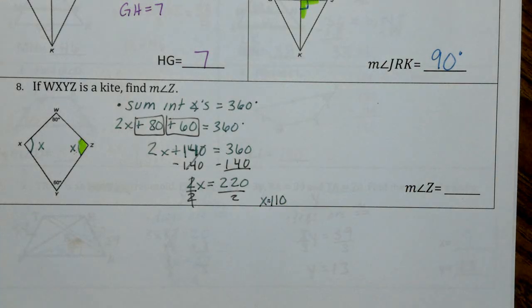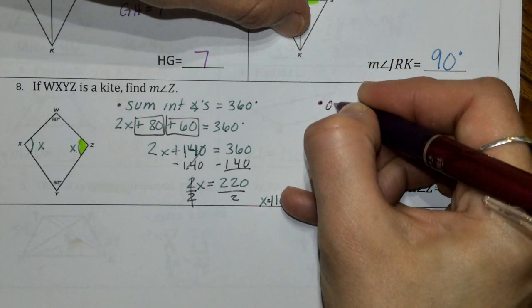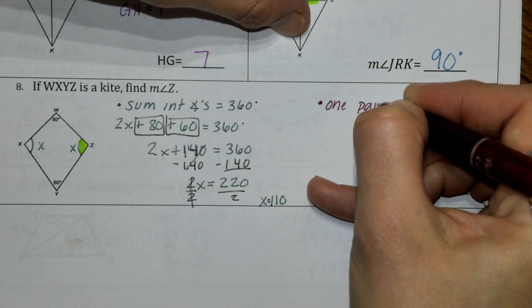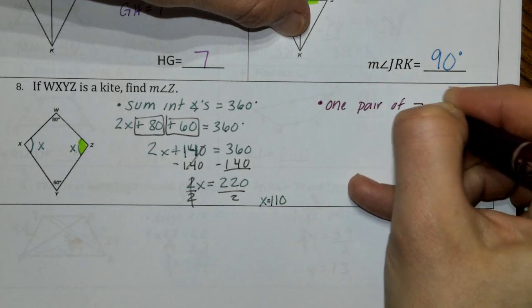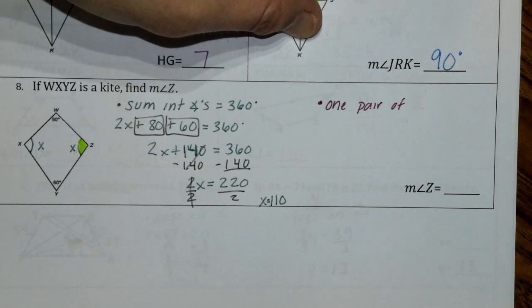All right? So here we can also use the property of one pair of opposite angles congruent.